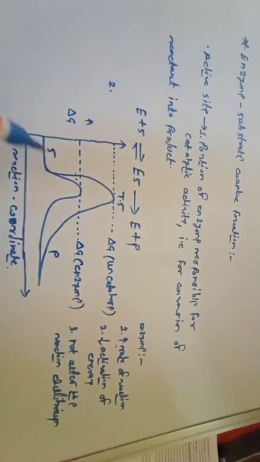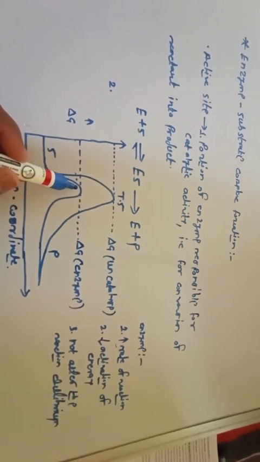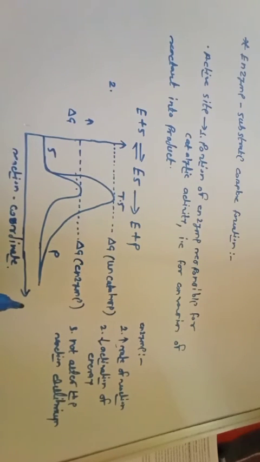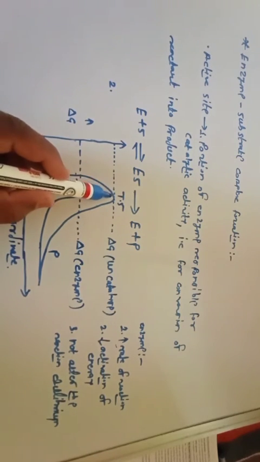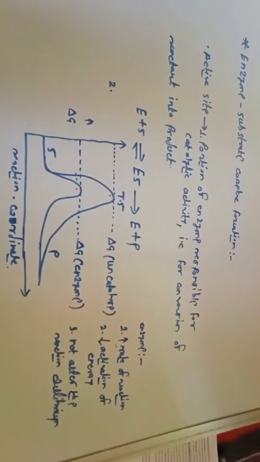If you see the difference here, this is the delta G in presence of enzymes. Lower activation energy means a higher rate of reaction. So this enzyme increases the rate of the reaction by lowering the activation energy. And at this point, the transition state is given.